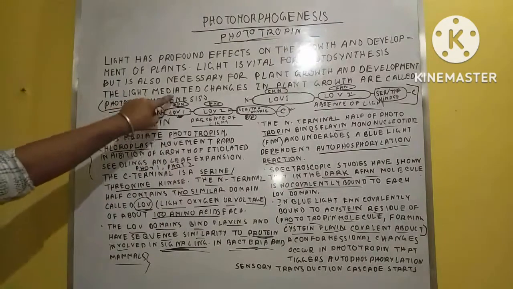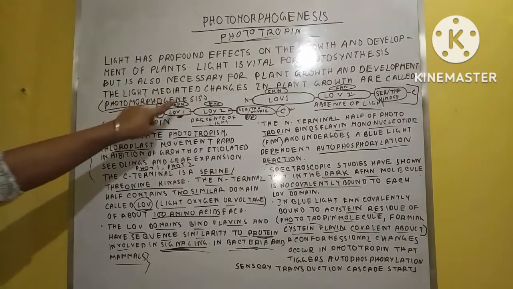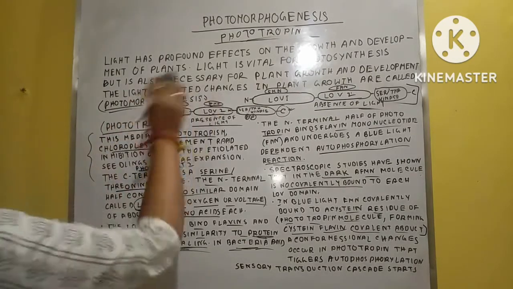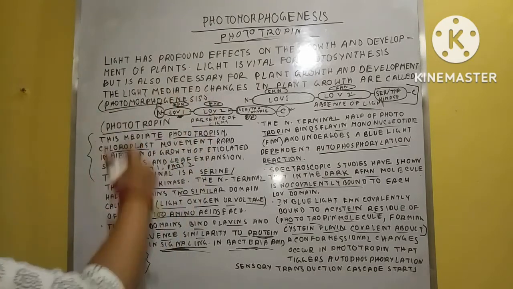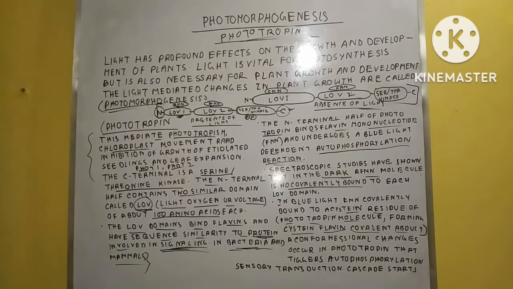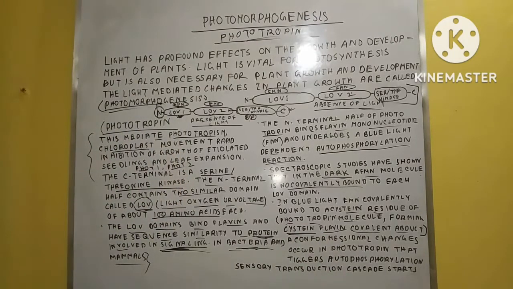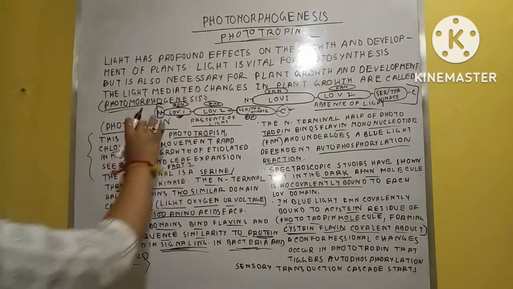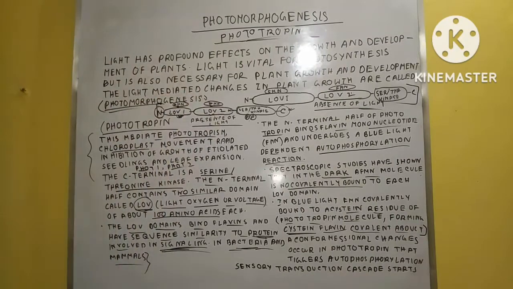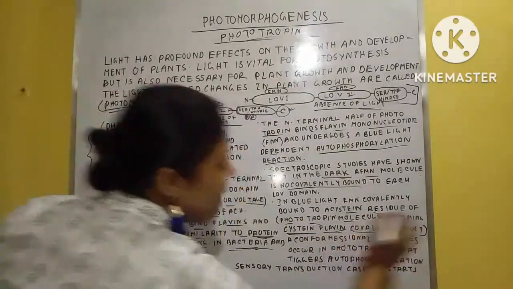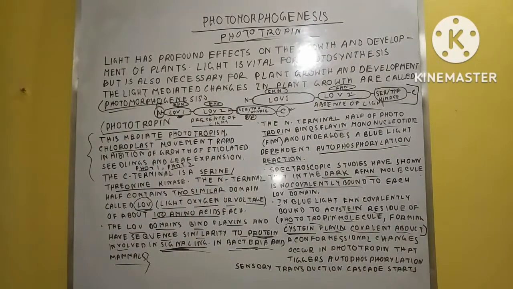Here the bond is formed, and this complex is also bound to the cysteine residue. When it is totally bound to the cysteine residue, the complex formed is called the cysteine-flavin covalent adduct complex.